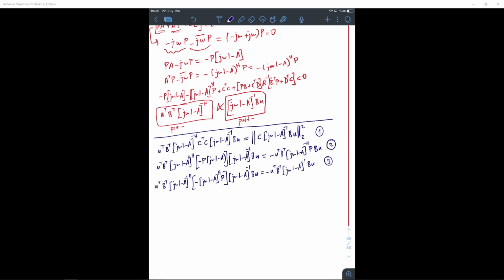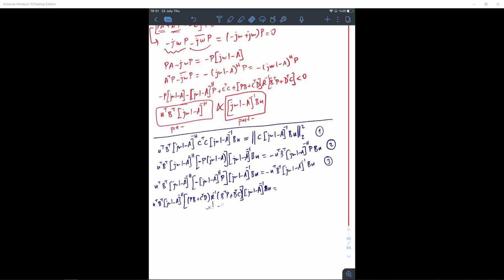Let's focus on this term now. This is going to be the fourth one. U transpose B transpose j omega identity minus A minus Hermitian, PB plus C transpose D, okay, R inverse, B transpose P plus D transpose C, j omega identity minus A inverse B, times U equals, well, you might want to change this R to R minus half times R times R minus half.